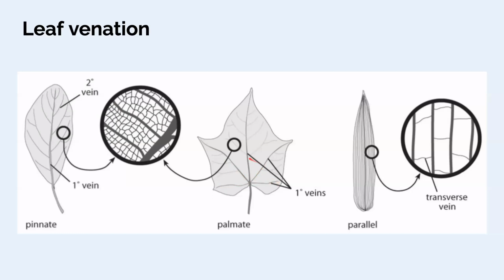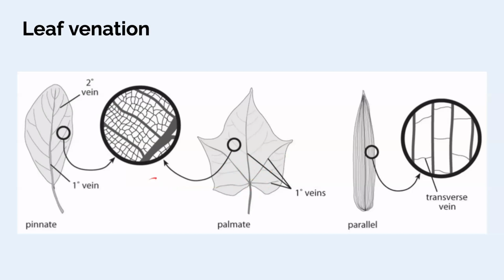So they're considered primary veins, and they're all coming out from the base of this leaf. Palmate, you can think about the palm of your hand. All the fingers trace back to the same location on a hand, so all going back to the same base of this leaf.